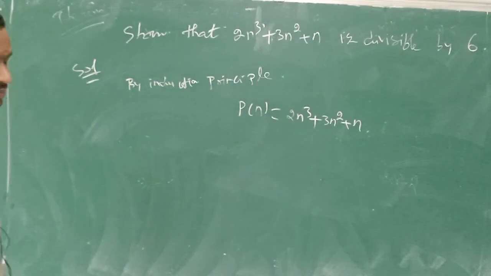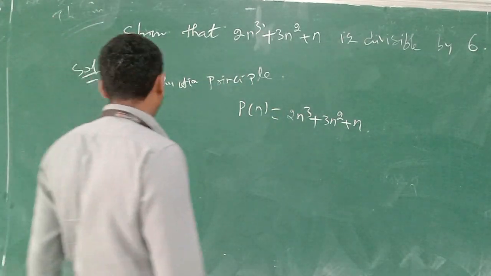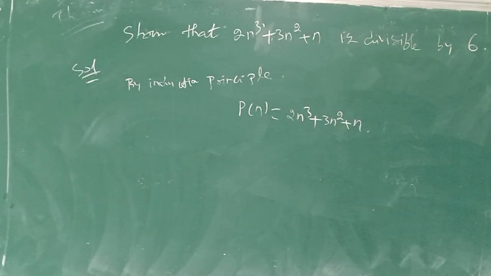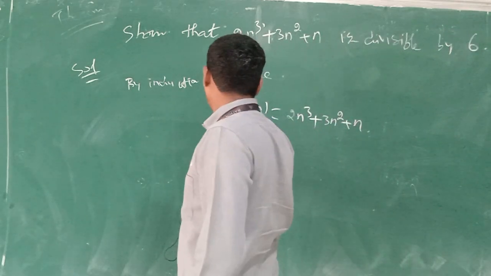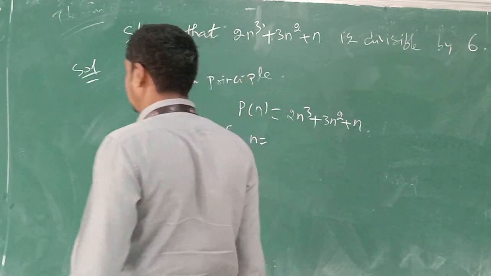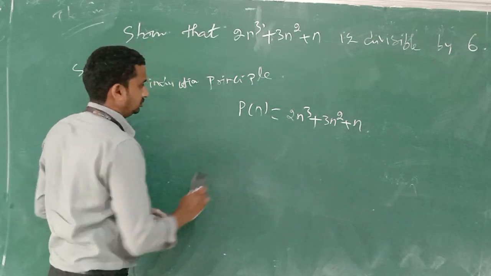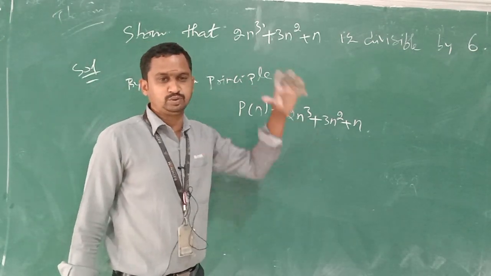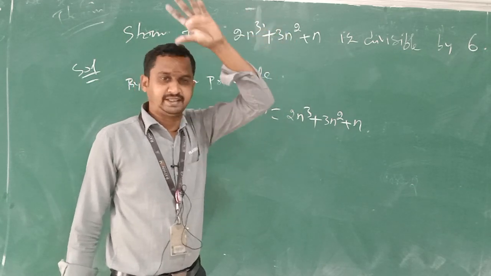Now the induction principle method is that you substitute 0, 1, 2, 3, etc. for the nth term.